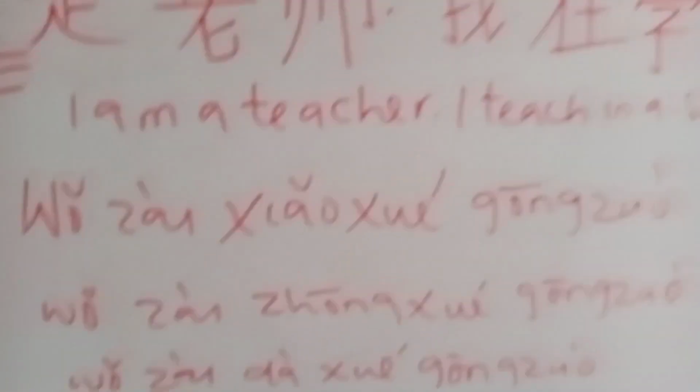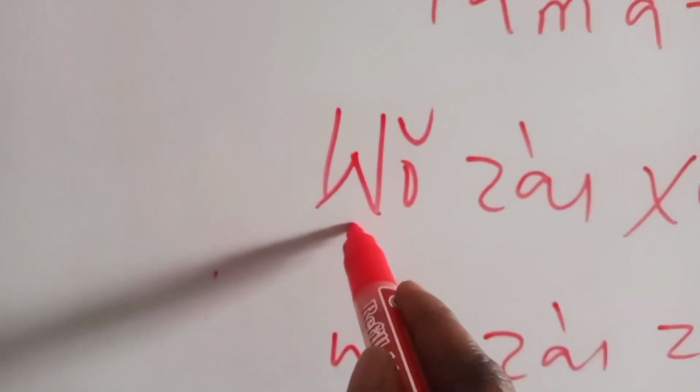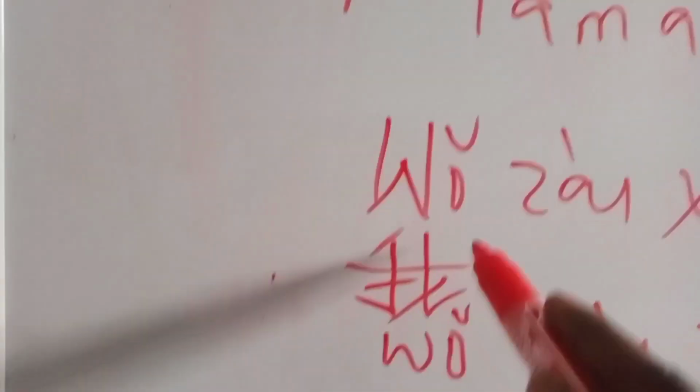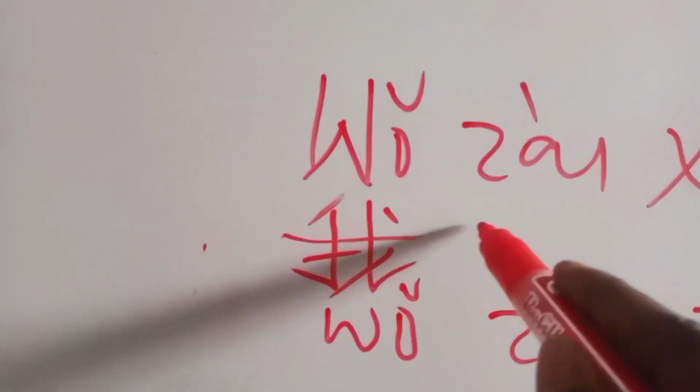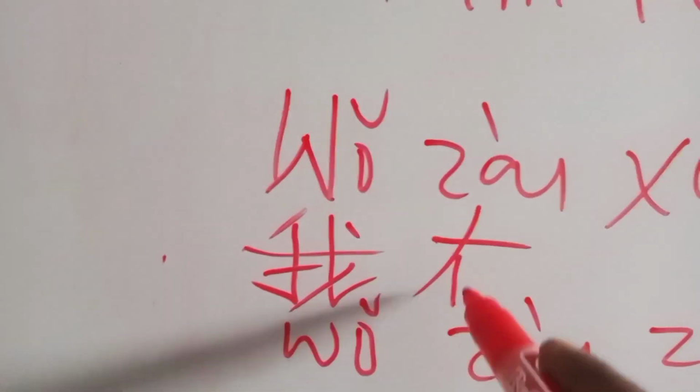I teach in a school or I work in a school. 我在小学工作. Even if there's no space for the English translation, I'll say that one with my mouth, but we would write the character. 我在. Do you remember 在? Do you remember how I said you should write it?